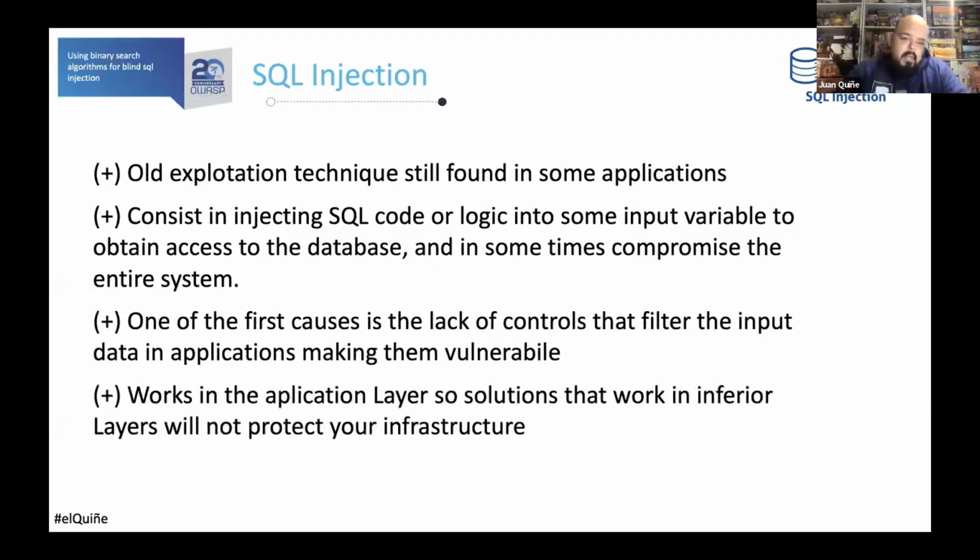And it works in the application layer, so solutions that work in lower layers will not protect your infrastructure. What I'm talking about, a firewall works in layers 3 and 4. It's port origin and destination, it's IP origin and destination. That won't work with a SQL injection as a control or as a protection.